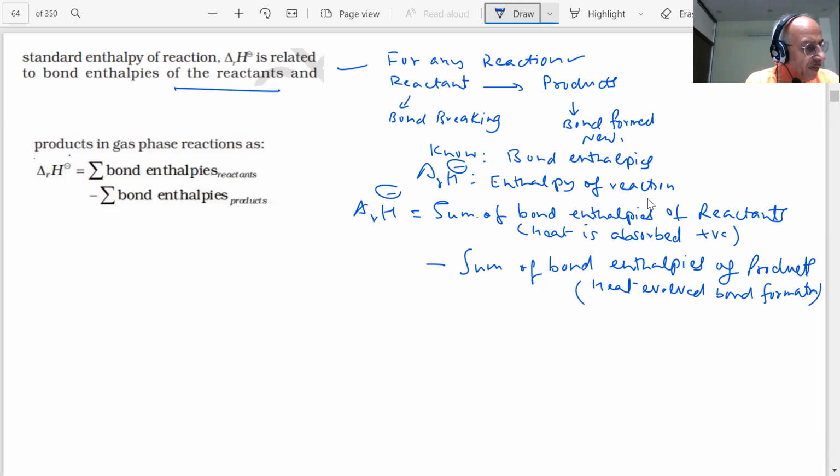This relationship is valid when all substances in the reaction are in the gaseous state, when the reactants and products are in the gas phase.